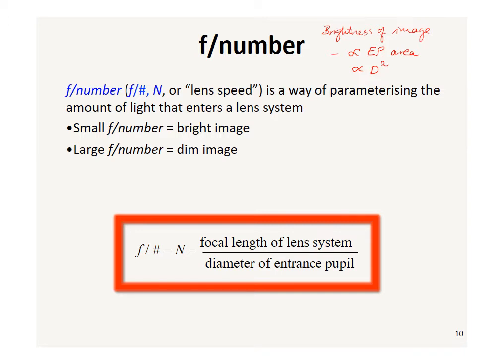The other factor that's going to affect the brightness of the image is the size of the image, because the brightness is related to the energy per unit area. So if we change the image area, then that's going to change its brightness. So the image area is going to be related to the focal length of the lens squared.